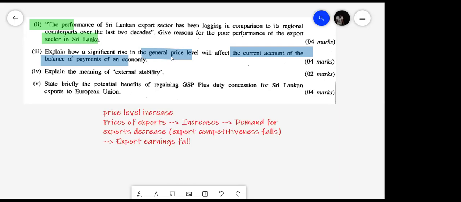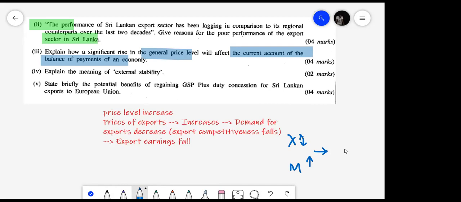Then can you tell me, we'll go one step ahead, what happens to the current account, guys? Your exports are decreasing, imports are increasing. So this leads to an unfavorable situation. If there is a trade deficit, the trade deficit worsens.